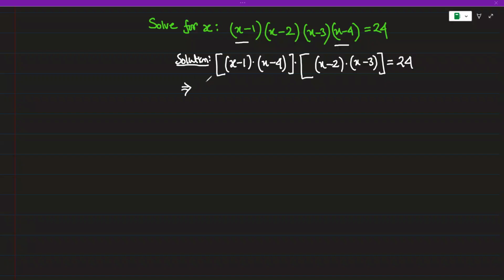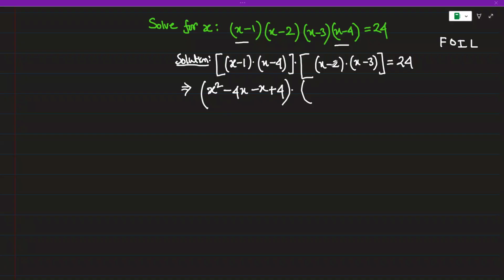Now, we use here the FOIL method: first, outer, inner, last. So first you multiply x times x, which is x squared, and then x times −4, which is −4x. Negative 1 times x is negative x, and negative 1 times negative 4 makes positive 4.